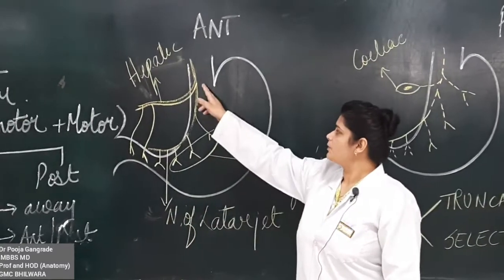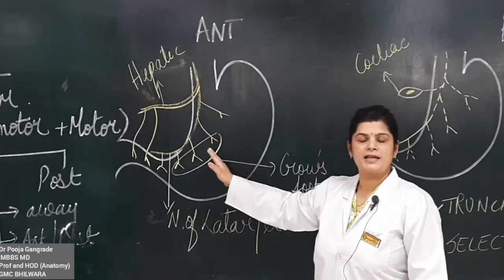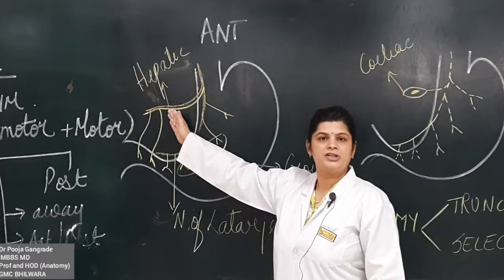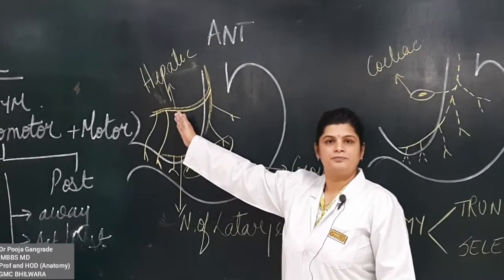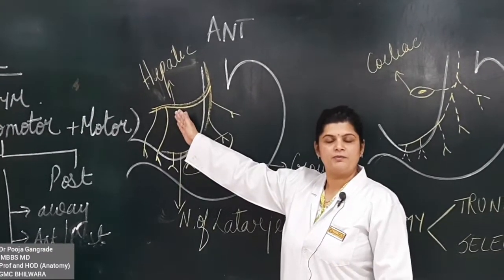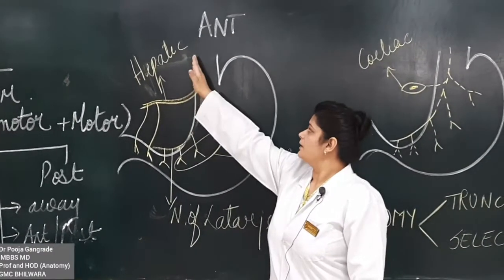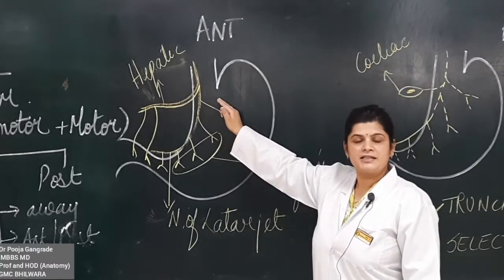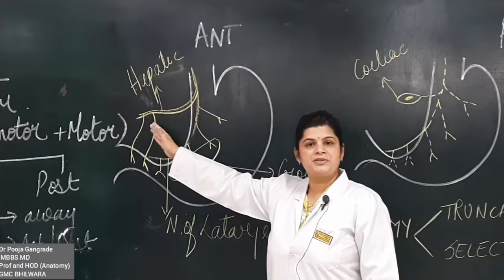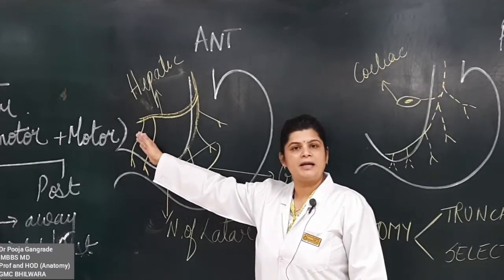Now, before the vagus supplies the stomach, it gives off a hepatic branch which will go to the liver. Okay? You have to remember this point because this will come in vagotomy when we talk about vagotomy. Few of the branches, when they are given to the stomach, a major branch is given which is called as the hepatic branch.